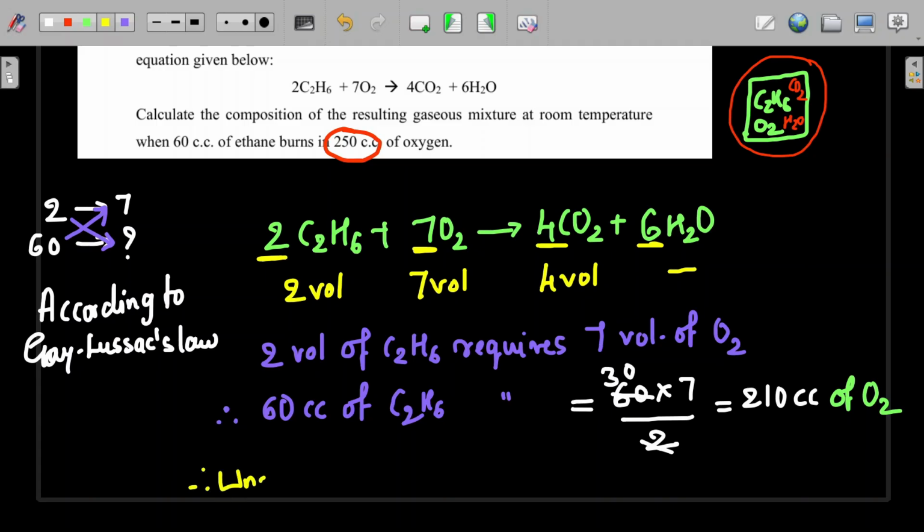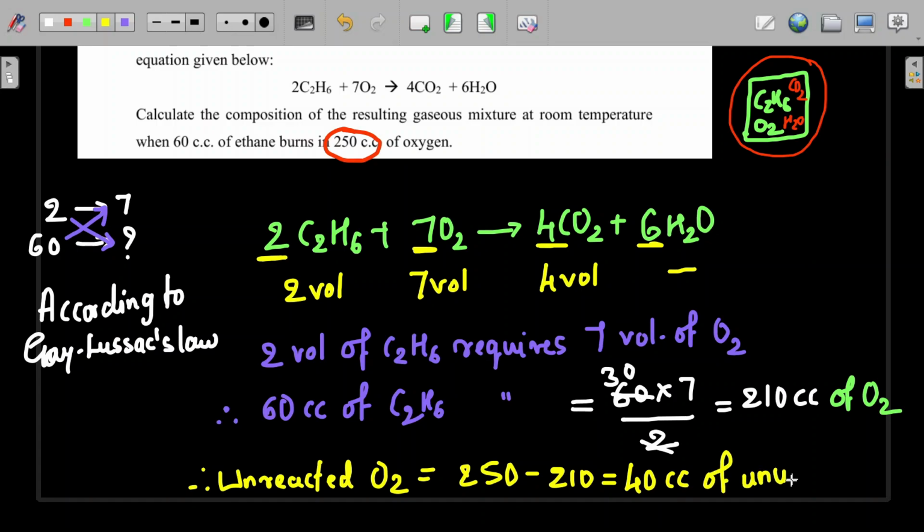Therefore, unreacted oxygen. Right? So total is 250. In that, how much is utilized? 210. How much is left? 40 cc. So 40 cc of unused oxygen. Always you do this first. Okay. So that is also there in the reactor.